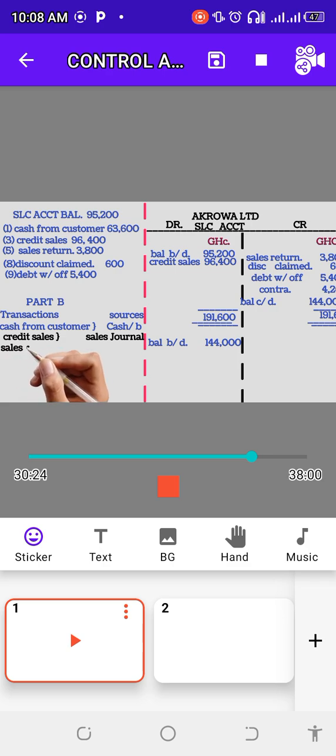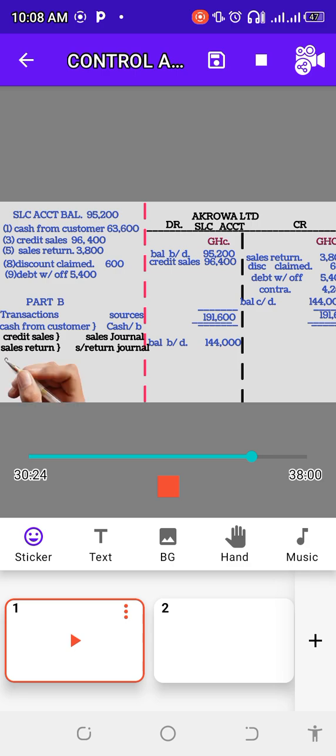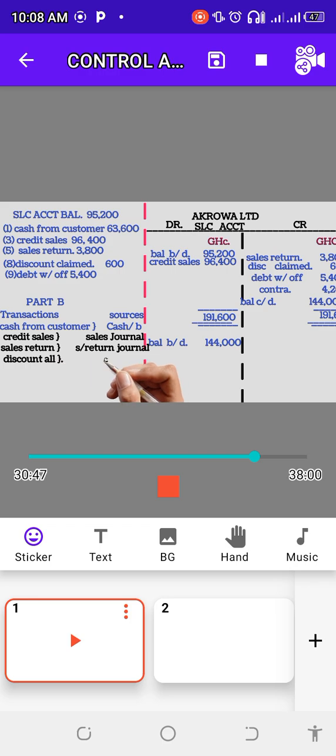Then the next one is sales return. We get that information from sales return book or return inward journal. The next information there is discount claim. Discount allowed information is gotten from the cash book. There's a column for discount allowed from the cash book.